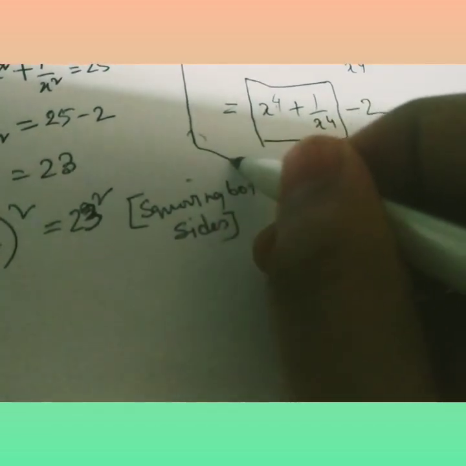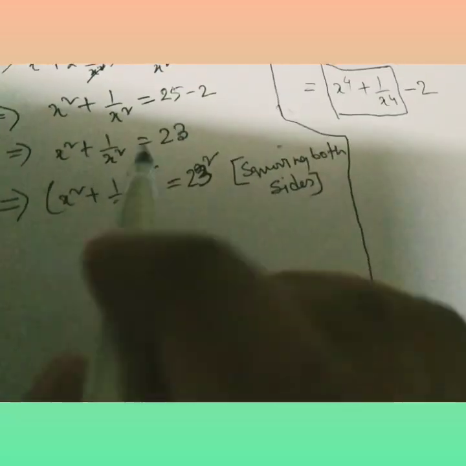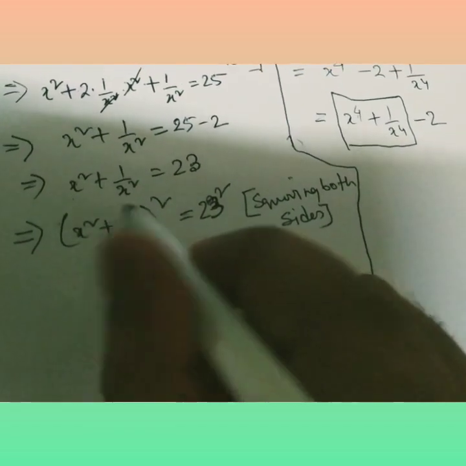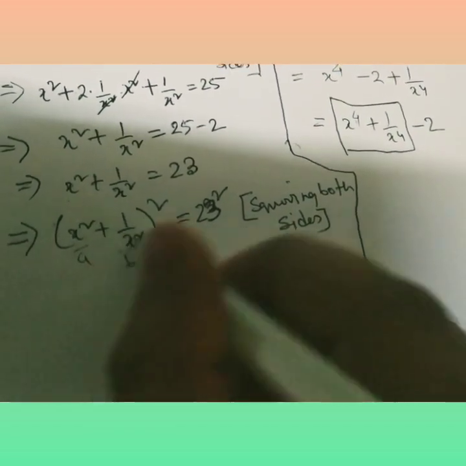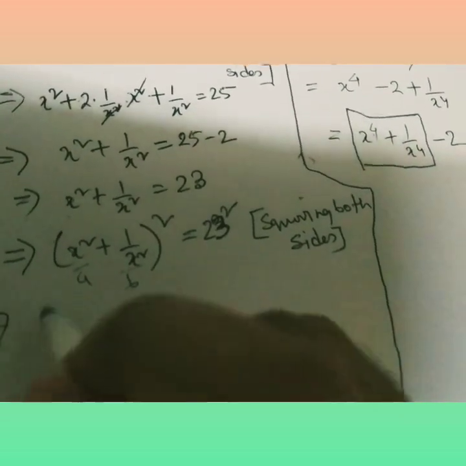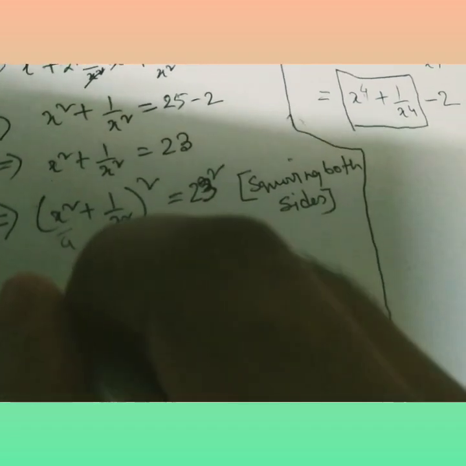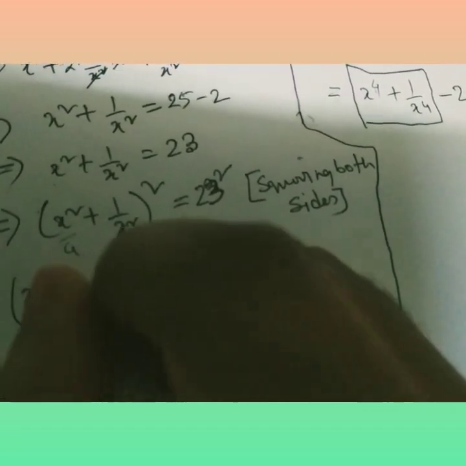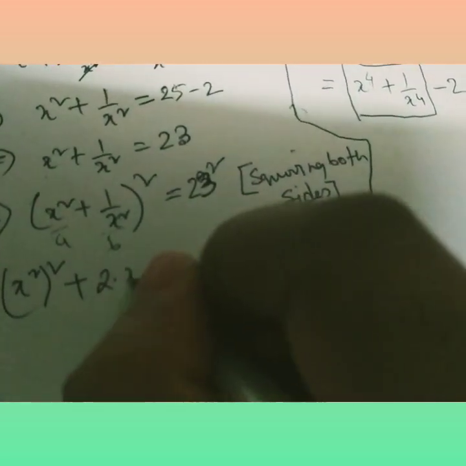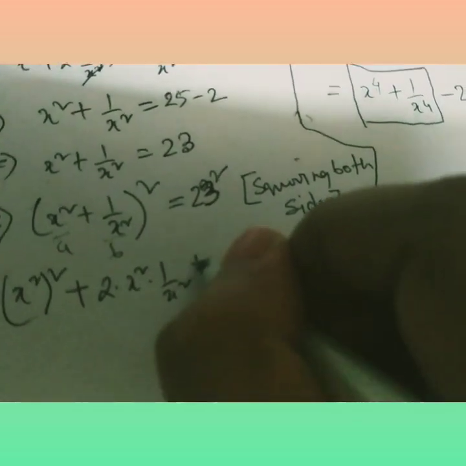Just draw a line over here. Okay, so again let us consider this to be a, this to be b. So what do we get? A plus b whole square, same formula I will just use over here. A square, that is x square is a over here, so x square whole square, plus 2 into x square into 1 by x square, plus b square.